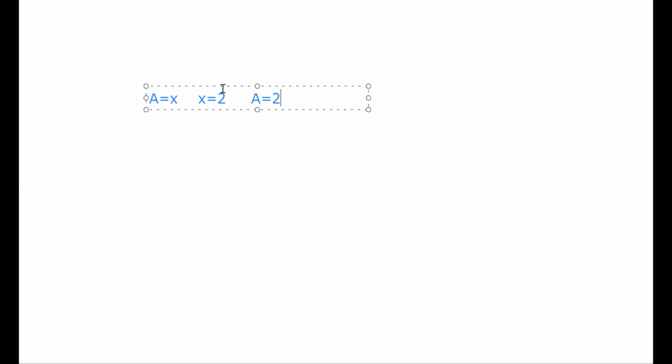I already know, since A is equal to X and X is equal to 2, so actually A is equal to 2, right? This thing that we wrote here is called the transitive property. It is when you are using one variable or one thing as a transition between two things.